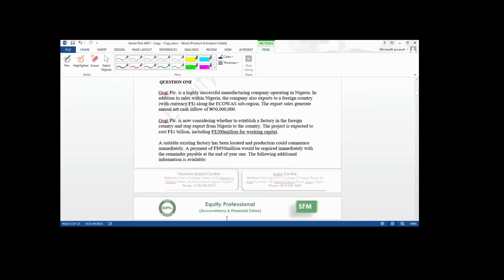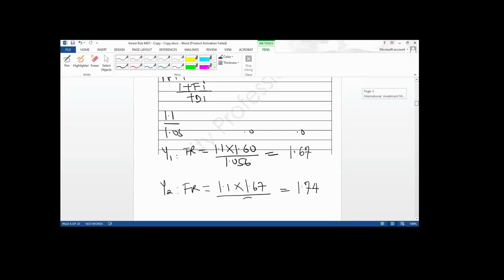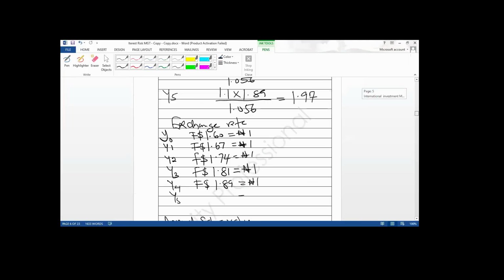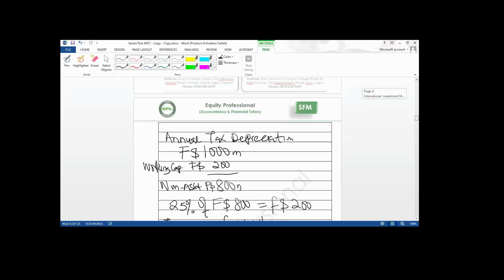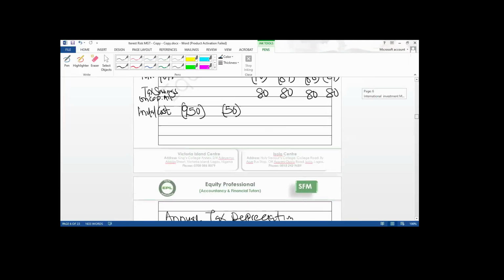Now, out of this 1 billion, out of this 50 million, totally 1 billion, we have a working capital already included.